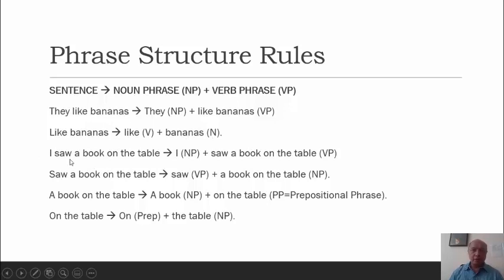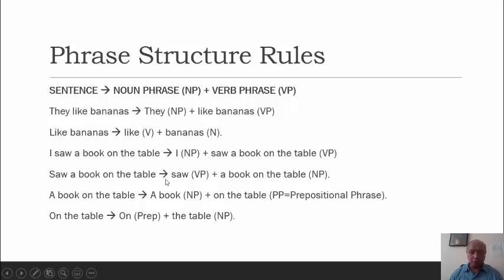So for example, if you have a sentence, I saw a book on the table, this is composed of, again, noun phrase, which in this case is the I, and then verb phrase, saw a book on the table. Again, noun phrase plus verb phrase. Okay, this can still be broken down further.